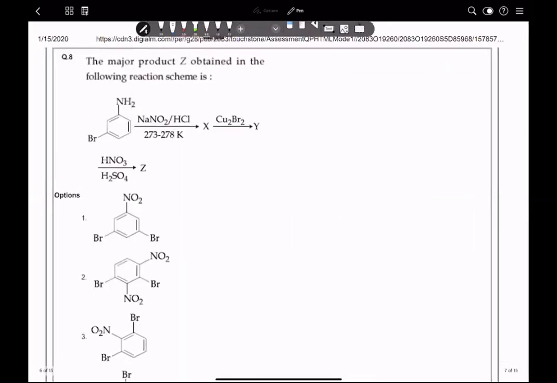Now question number 8. Find the major product Z in the following reaction sequence. NaNO2 HCl से reaction करा रहे, पहले तो it will form diazonium salt. So we have NH2 and Br with NaNO2 HCl.